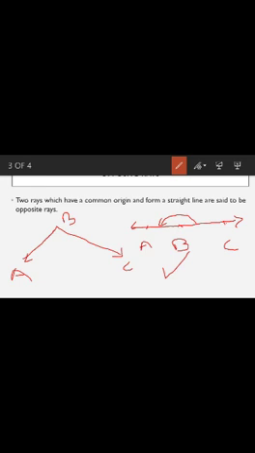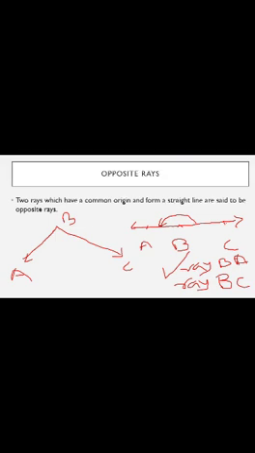They have the common point B, and also they are in a straight line.